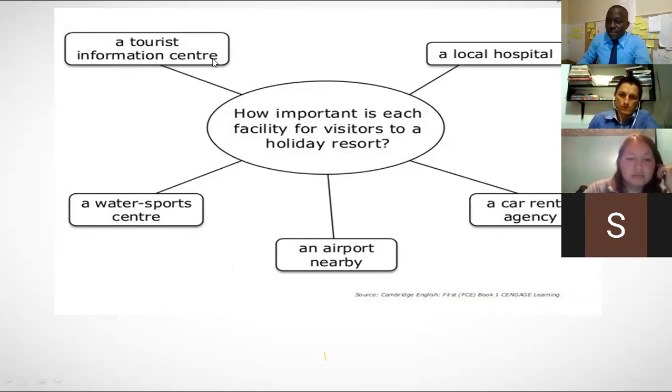And then the car rental agents, I will need it because I will need a car, maybe to take me to the hospital in case of emergency, to the airport in case I want to board my plane, or in case I would like to go to the nearby sports center, water sports center.